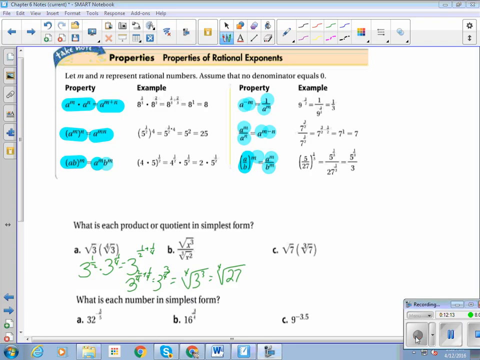All right, so for this next problem, I'm going to rewrite each of these items. Square root of x cubed is x to the 3 halves over cubed root of x squared, that's x to the 2/3. So then I use my division property of exponents. This is x to the 3 halves minus 2/3.